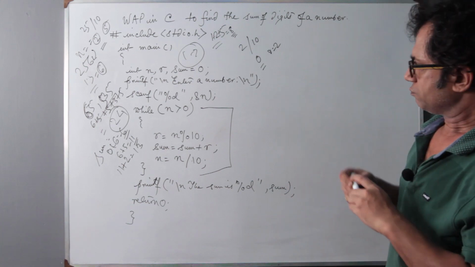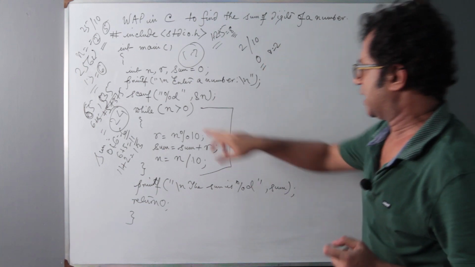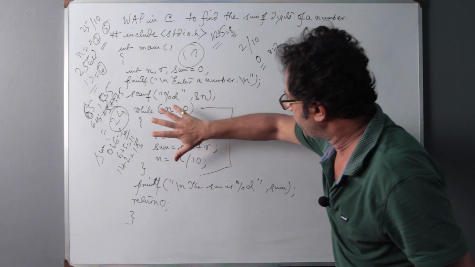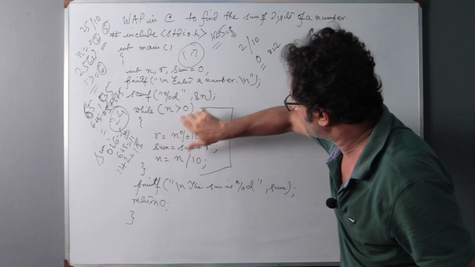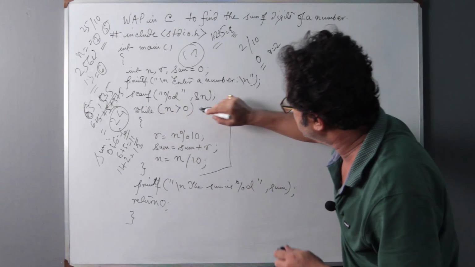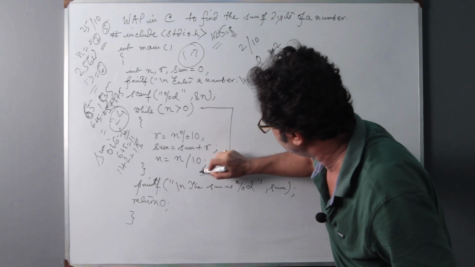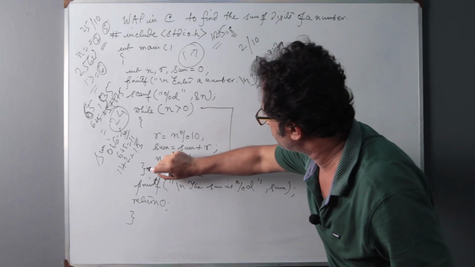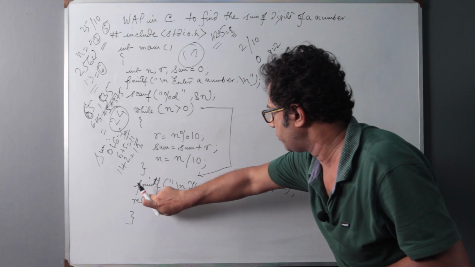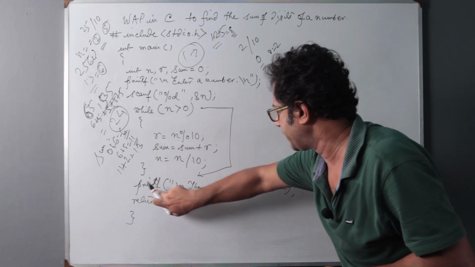As n is 0 now, we don't enter the while loop. The program control just comes out to the closing brace, and after that we will print the result.